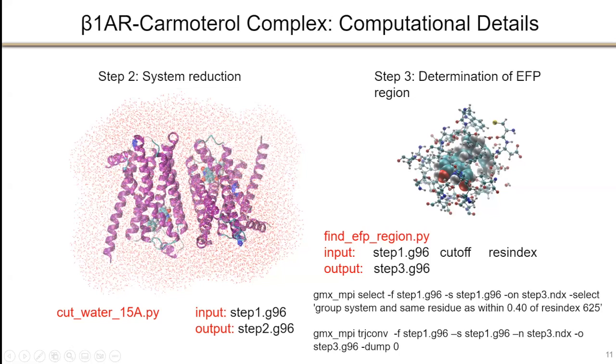Then the output will be another geometry file, a G96 file, that will have all the residues within 4 angstroms of this ligand. In this Python script, we basically call GROMACS, and with GROMACS we use the select function and the trajectory conversion function just to obtain this geometry file with these residues.